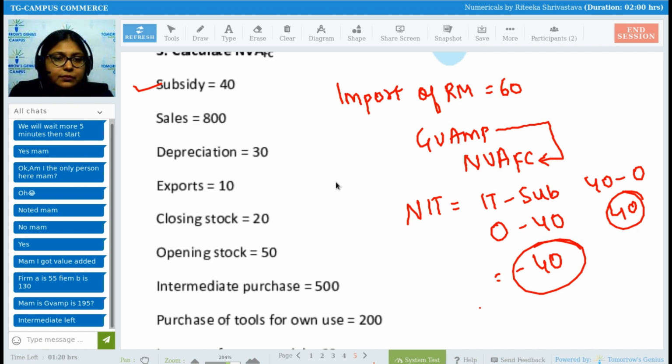The answer 200. 200. No, small mistake. It's 200 only. It was a small mistake. See, it can be a calculation mistake.